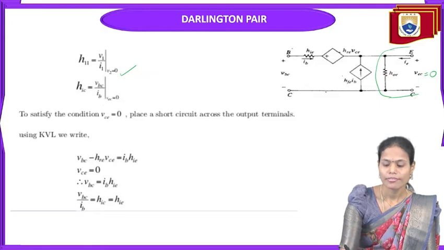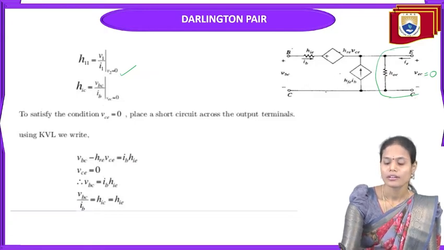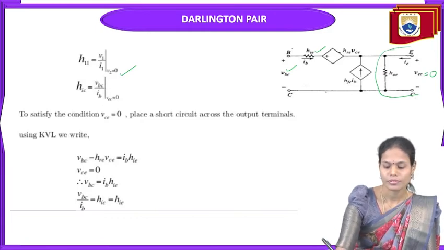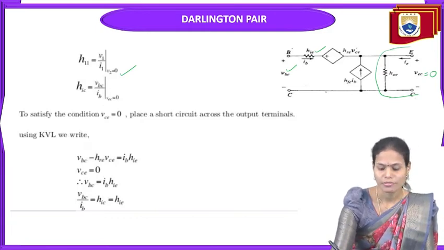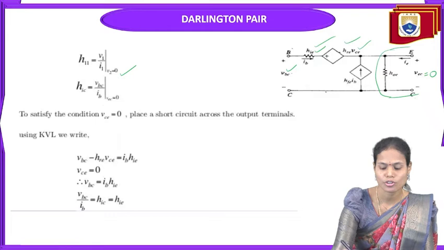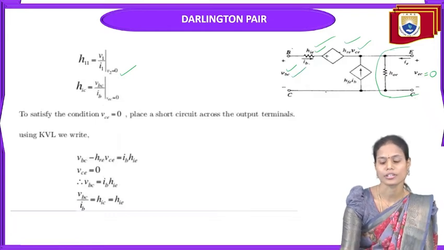If we apply KVL for this circuit now, we will get VBE, this voltage, minus the drop across this resistance, that is HIE IB, minus HRE VCE, equal to 0. So these three drops we are taking into consideration here. Why?